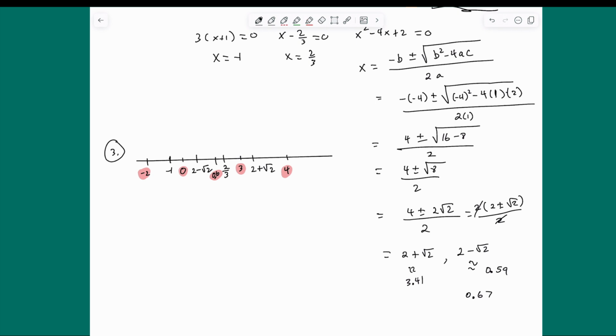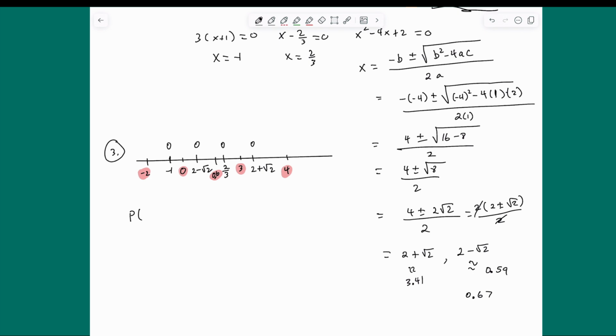And we know that at -1 we have 0. At 2 minus root 2 we have 0. And then at 2/3 we have 0. And then at 2 plus root 2 we have a 0. Now we just have to figure out the signs in each one of those intervals. So what we do is plug our values into the polynomial.